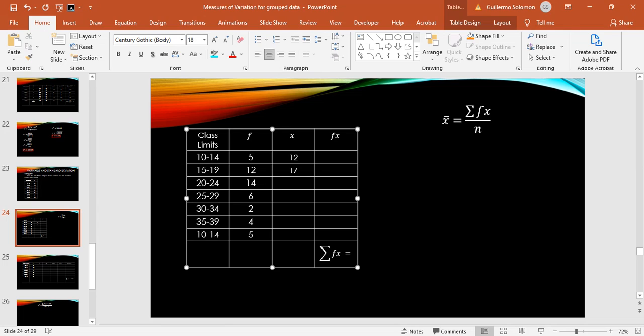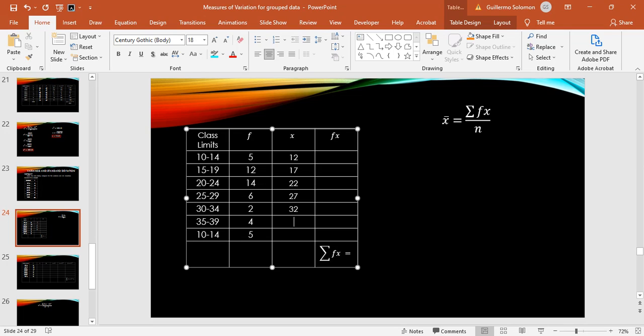Okay, 12. So the rest ganun din, 15 plus 19 divided by 2, that is 17. So 20 plus 24 divided by 2, that is 22. So 25 plus 29 divided by 2, that is 27. So 30 plus 34 divided by 2, that is 32.